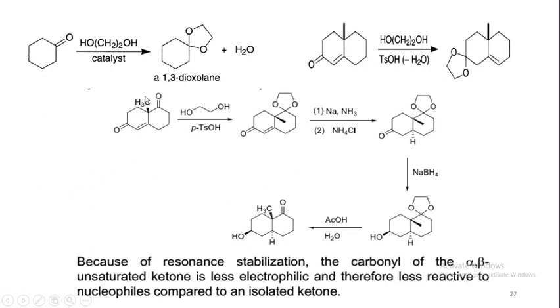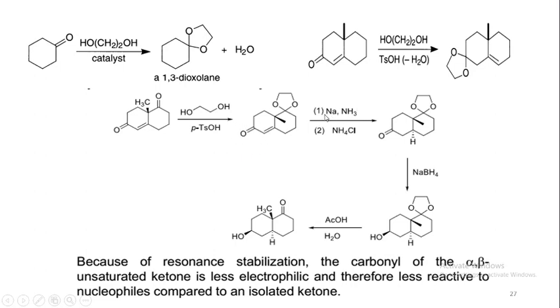Here, the same case, this is the simple saturated carbonyl carbon and this is the alpha beta unsaturated carbonyl carbon. When it is reacted with this diol in presence of acid, the isolated ketone is easily protected by means of this diol, not the alpha beta unsaturated one.